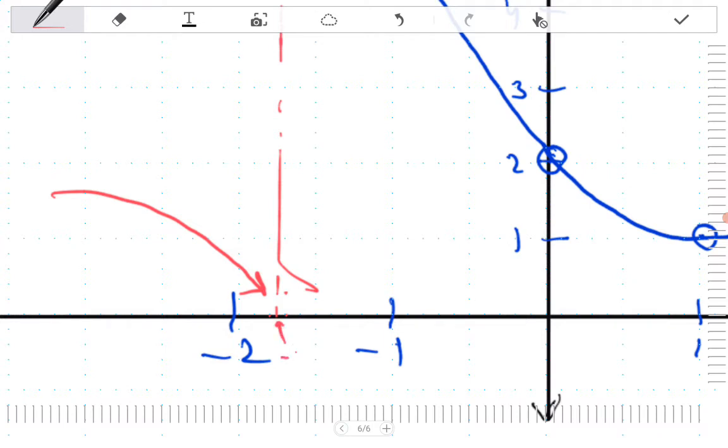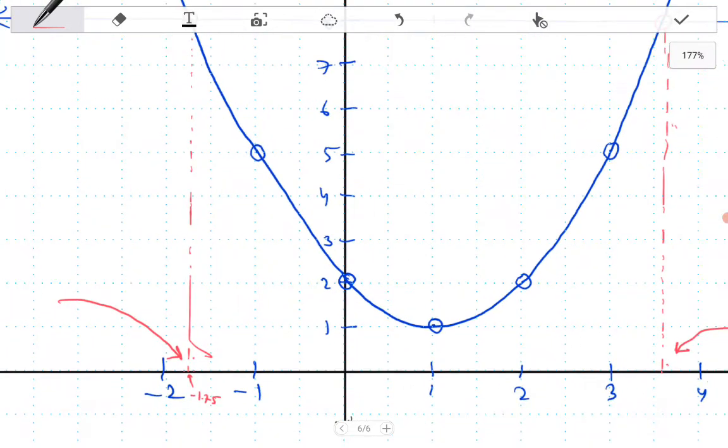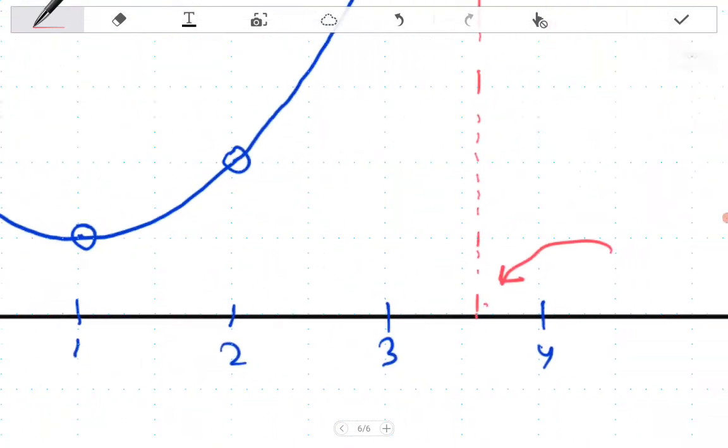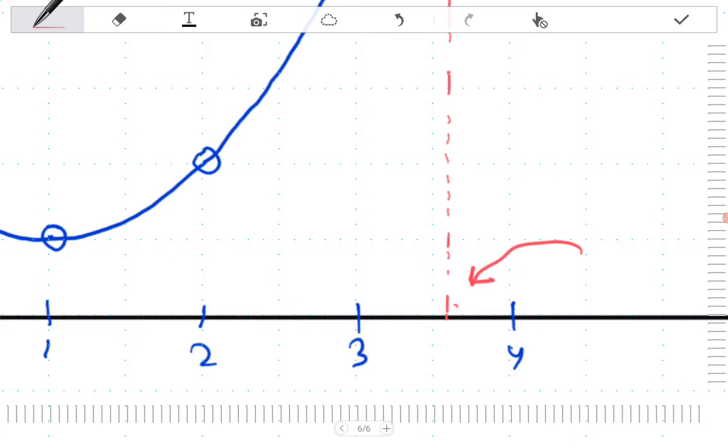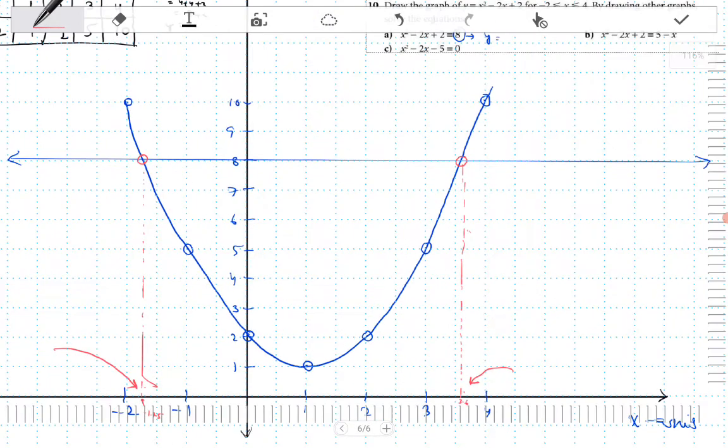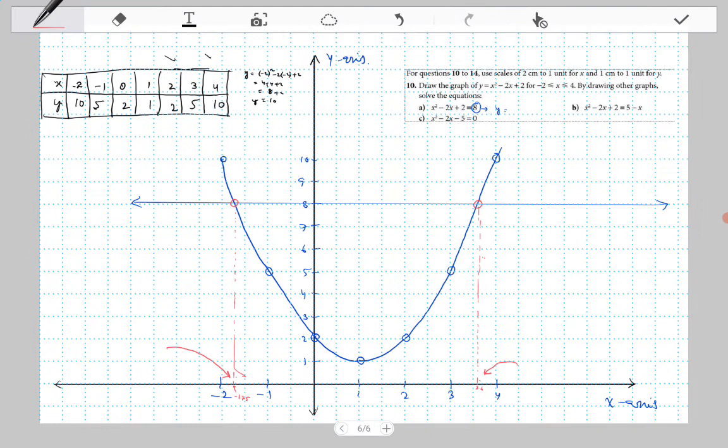So -1.75 is my value, or you can take the average of the two values, you get the same answer. This is my answer on that side, and on this side it's exactly lying on the first point after 3.5, so this is 3.6. So these are the two answers of part A.